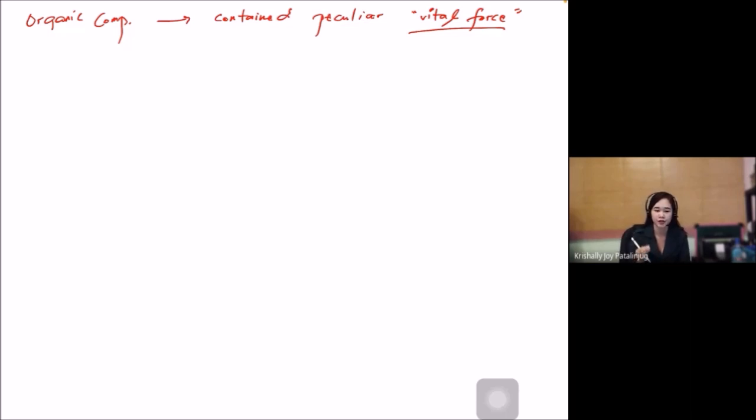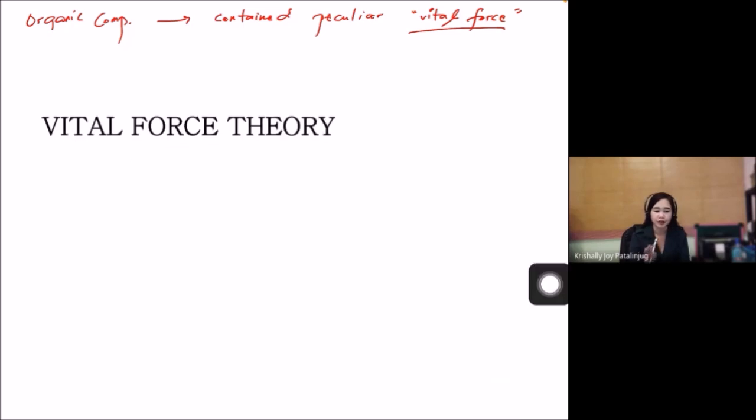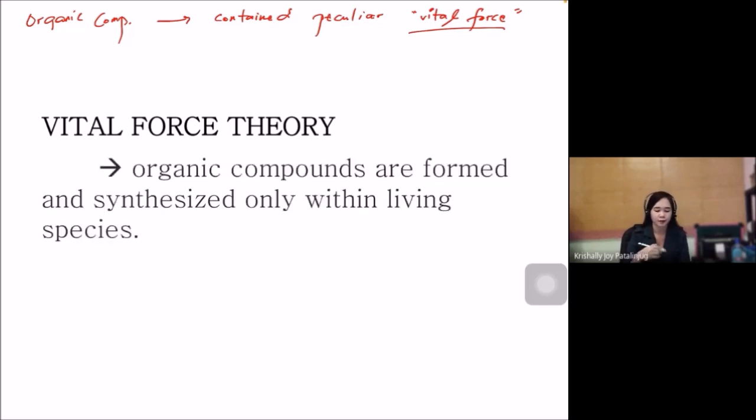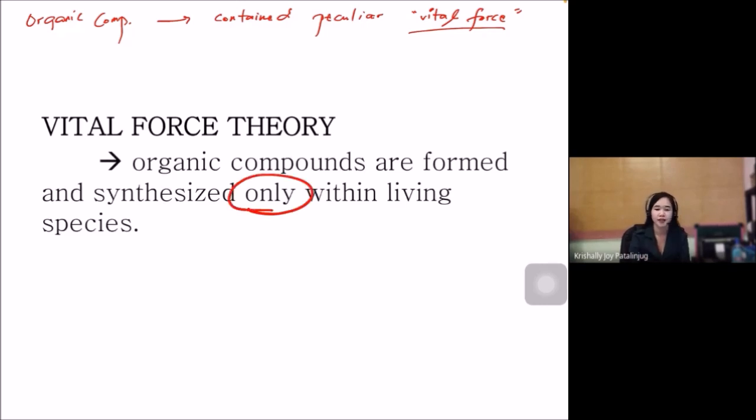That is actually a result of their origin from living species. That property is being supported by this theory, the vital force theory. What does the vital force theory say? Listen, it says that organic compounds are synthesized only within living species.